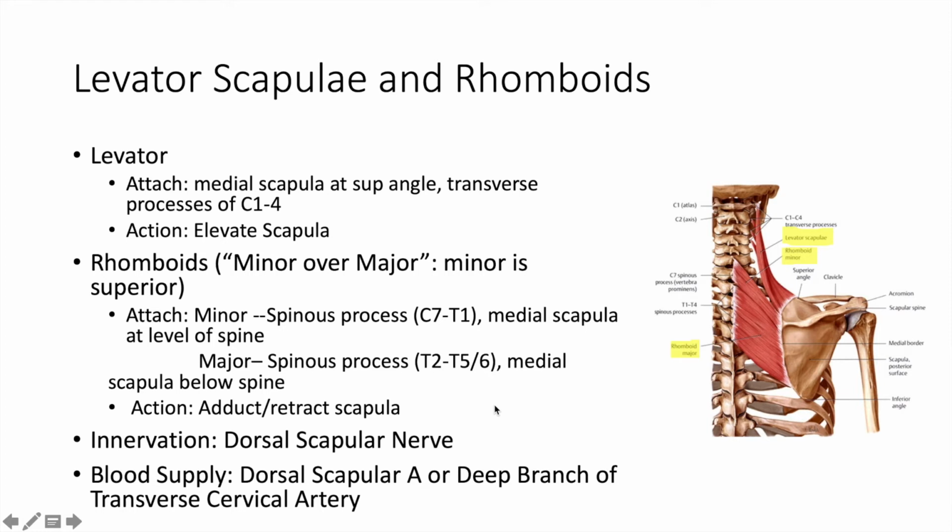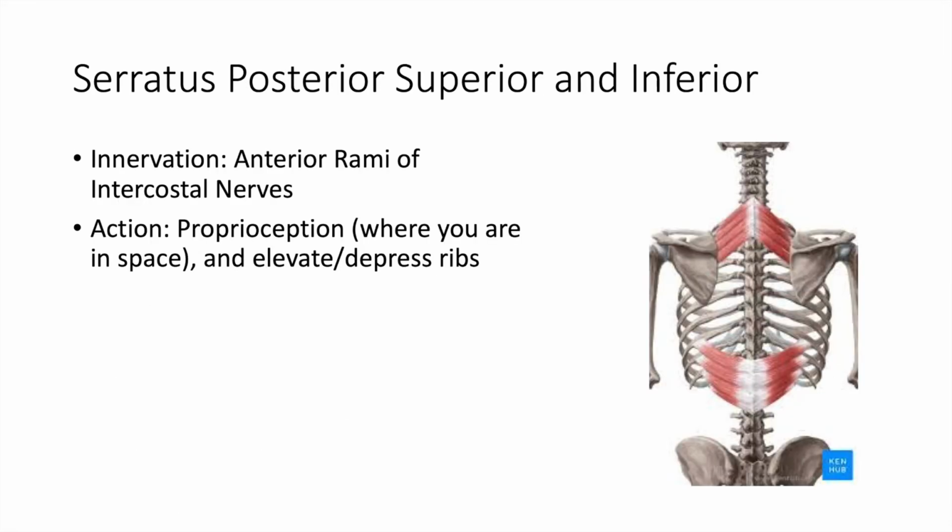The innervation for these is the dorsal scapular nerve, and the blood supply is the dorsal scapular artery, or the deep branch of the transverse cervical artery. Remember, we had talked about that transverse cervical artery when we talked about the traps.